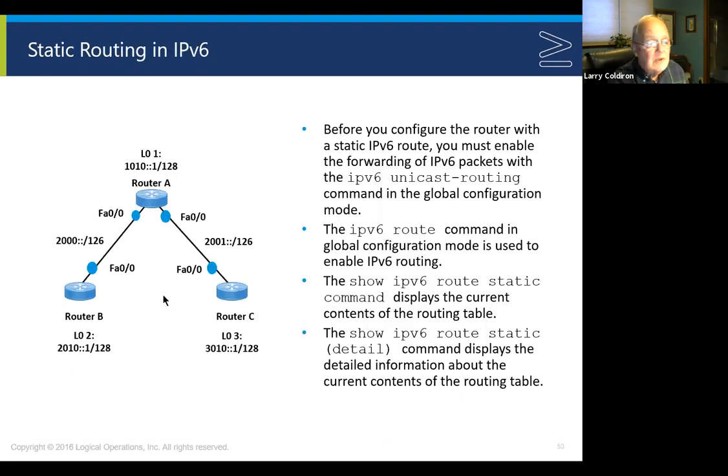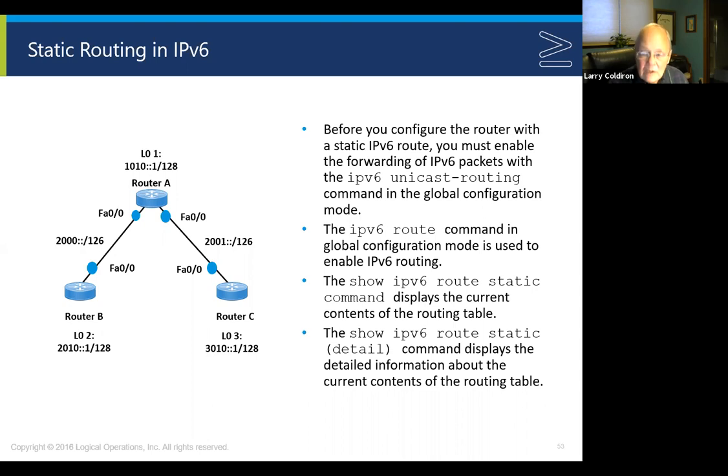Static routing on IPv6, and the objectives, I think, overstate what this is right here. But before you configure the router with a static route, you have to enable the forwarding of IPv6. By default, the routers still are IPv4. IPv6 unicast-routing turns on the ability to route IPv6 packets.